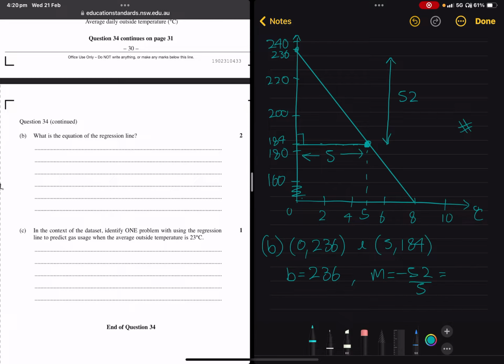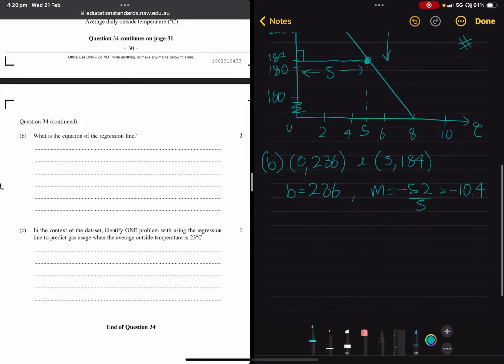My calculator will tell me minus 52 on 5 is minus 10.4. So therefore the equation for the regression line is y equals minus 10.4 times x plus 236.